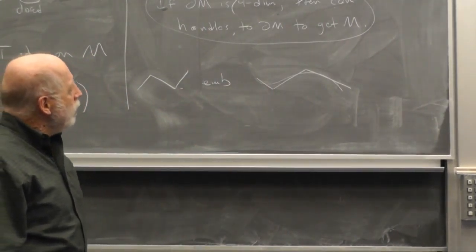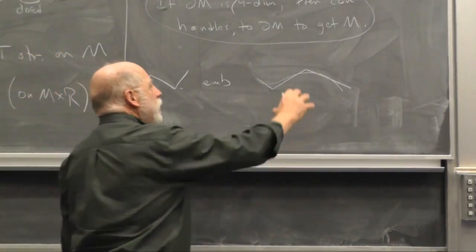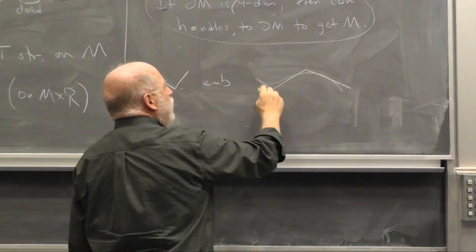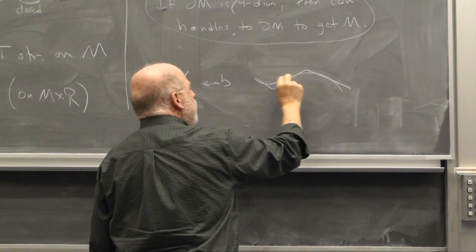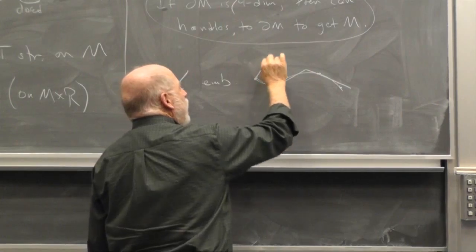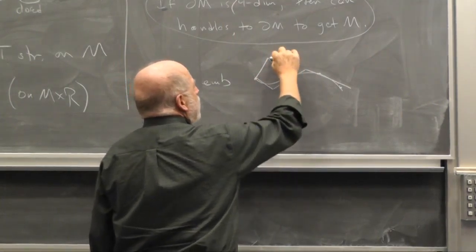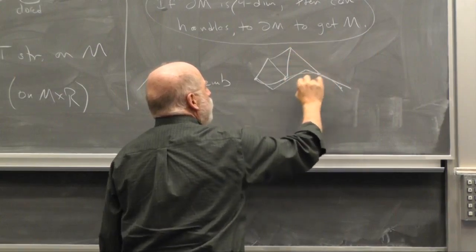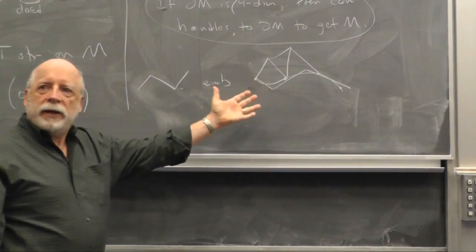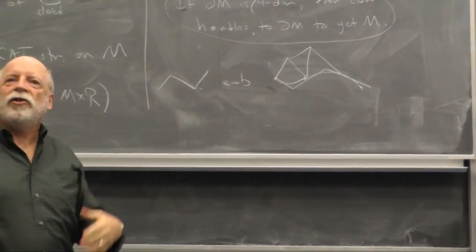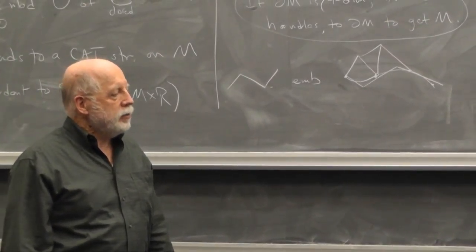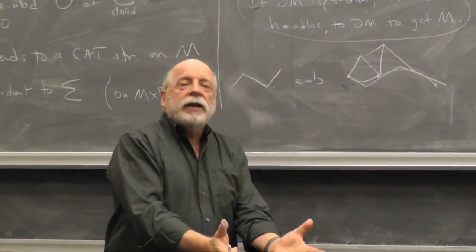Or I could change the triangulation on the plane. I could change it so that this is a simplex. There's a vertex, and a vertex, and a vertex, and a vertex, and then maybe this triangle has a curved side. Some of the sides are going to be curved. Well, that's a PL structure. It's just not the rectilinear one that's normally associated with the plane. Look at the triangulation of the sphere.